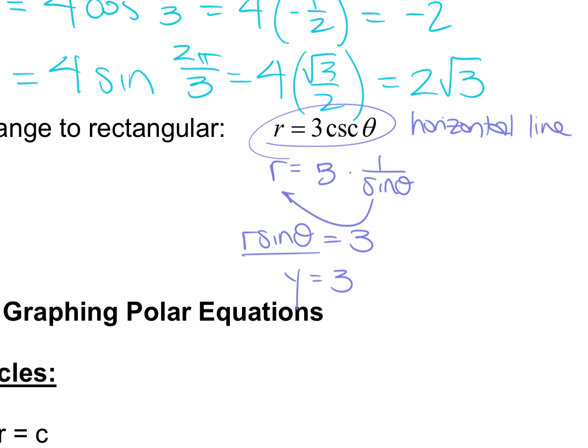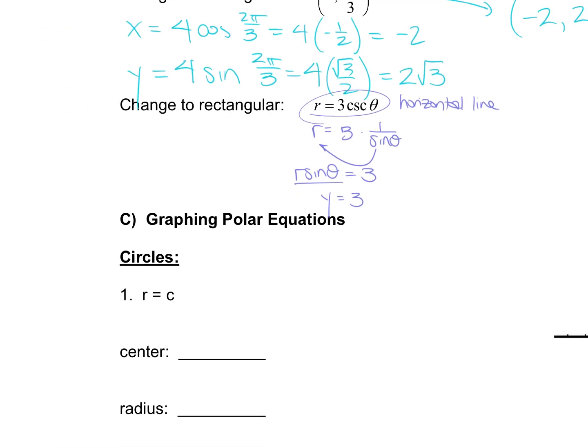Okay? All right. So our final thing we're going to talk about today is how to graph some basic polar equations. You know when we do parent functions in x's and y's, like if I gave you a quadratic in a certain form, you know enough about a quadratic to be able to just draw a graph of it. That's where we need to get with some of these polar ones.